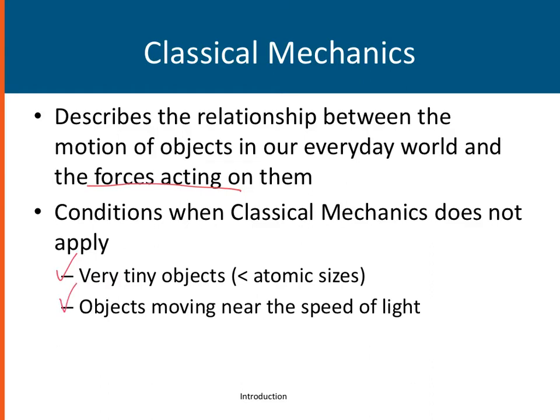So when things move really fast, which typically are tiny particles, however, it doesn't have to be. But when objects are moving really fast, some screwy stuff starts to happen, and so classical mechanics once again breaks down. We are not going to get into either of these two in this course. We're just going to deal with classical mechanics of the everyday situation.